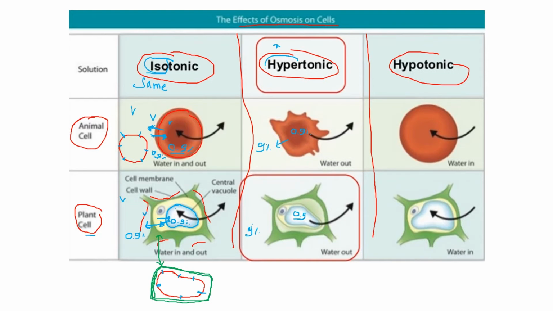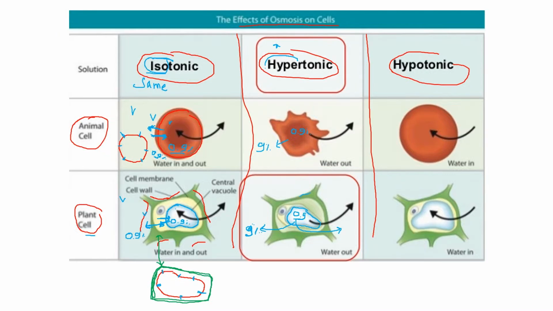Water will follow the salt. So water will move away from the cell to the area of the high concentration of the salt. Water follows the salt, and you can see that the central vacuole will change shape. It becomes smaller because water is leaving.